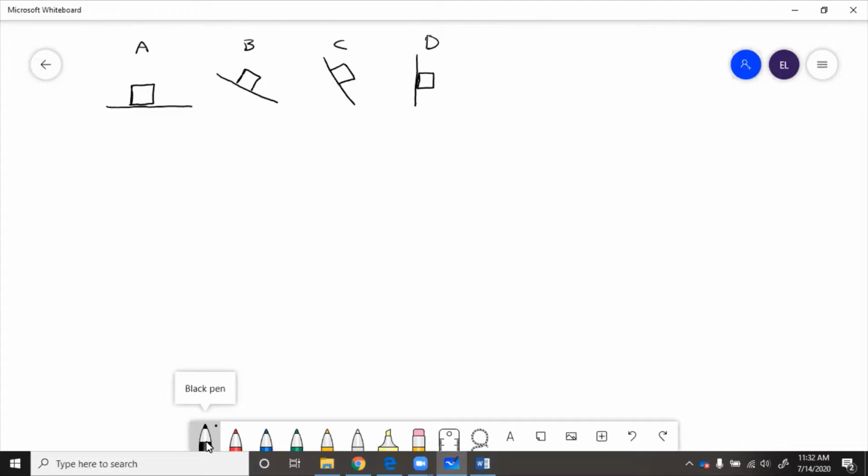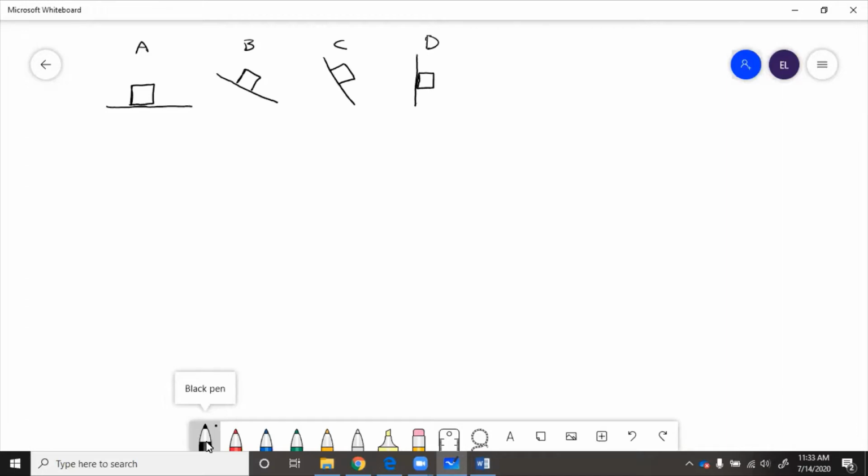No. With no external forces, the block is not going to move because the normal force is pointing up, the weight is pointing down, they exactly counteract each other. In situation D, will the block move? Yes, the block will move, it will fall straight down because there's nothing to stop it.